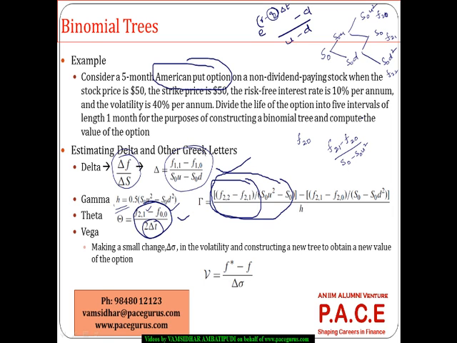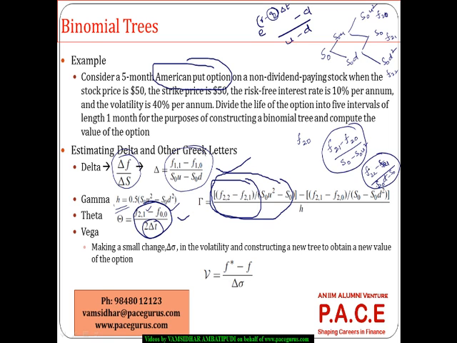This is one delta. Then the other delta we are talking of is F22 minus F21 divided by S naught d squared minus S naught. So these are the two deltas, right? So these are the two deltas.